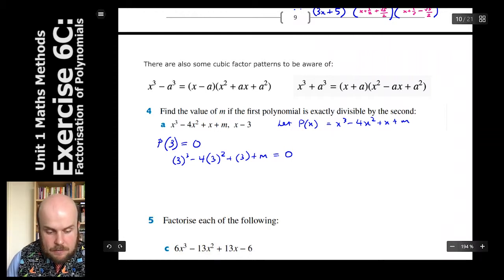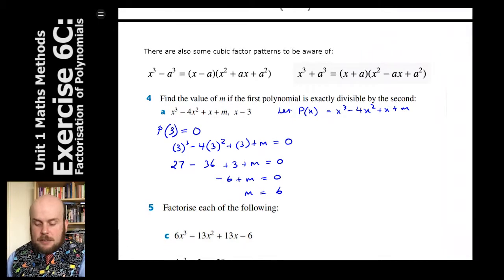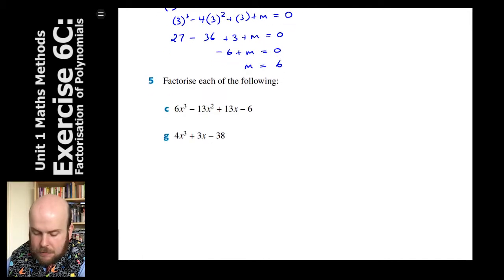So that's going to get us a very lovely, satisfying answer of 27 minus 36 plus 3 plus m equals 0. Negative 6 plus m equals 0. m is equal to 6. There we go. Splendid.